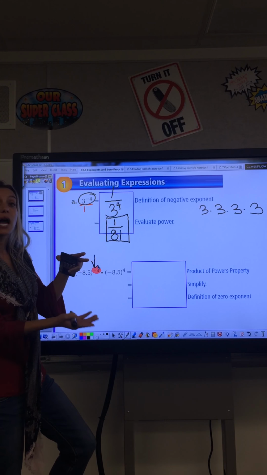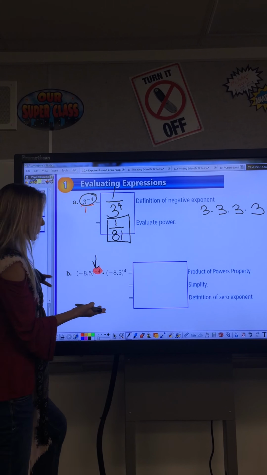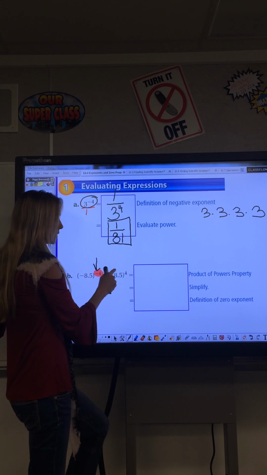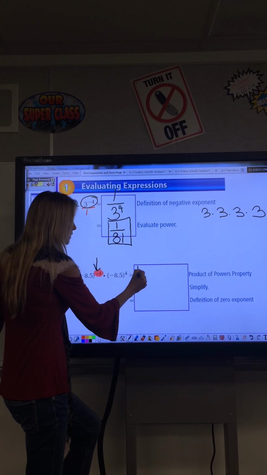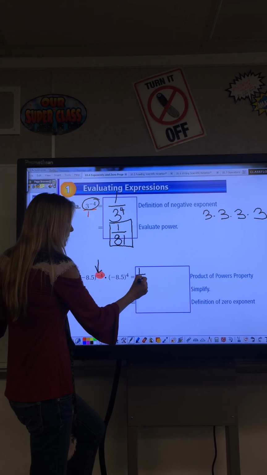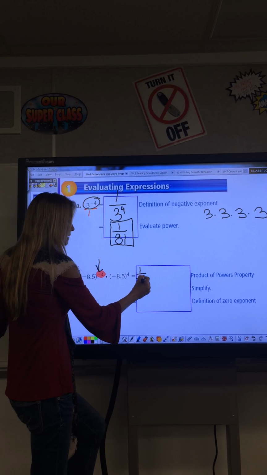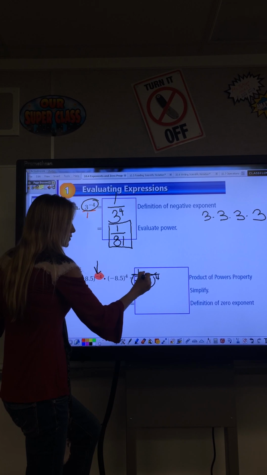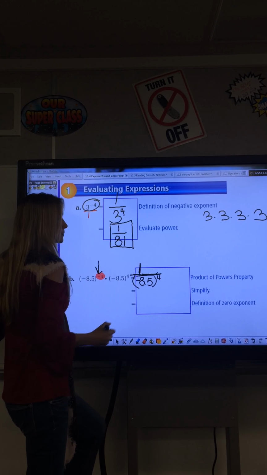It belongs in the denominator because it has to be positive. So I have to change this negative to positive, and this is the only way to do it: 1 over negative 8.5 raised to the 4th power. That is the first exponent.